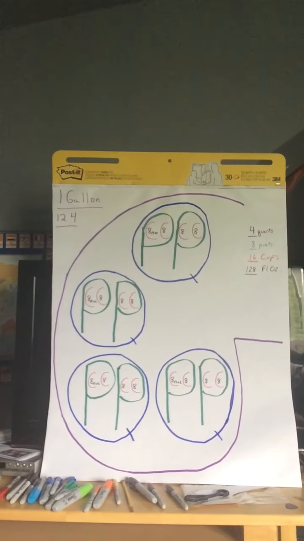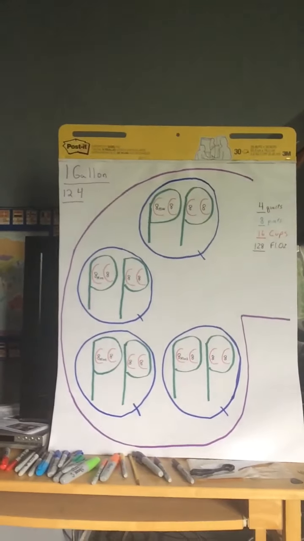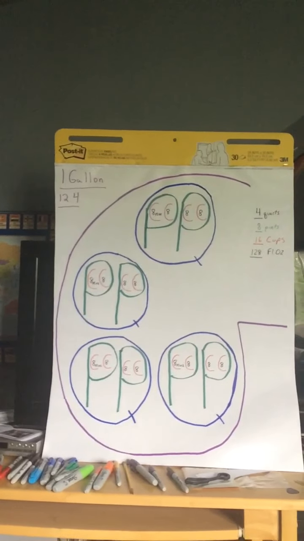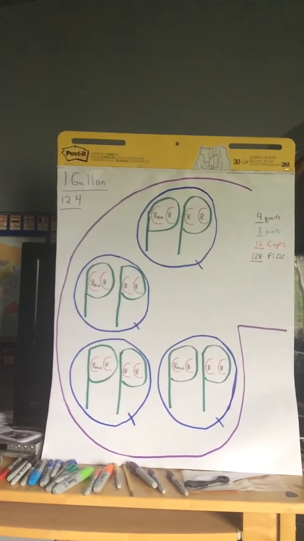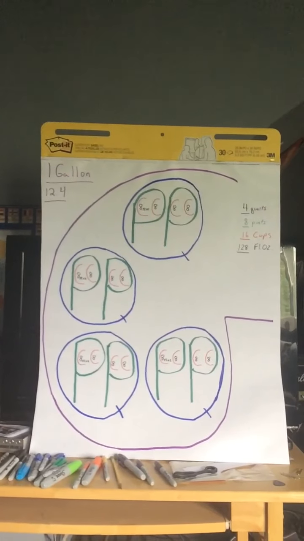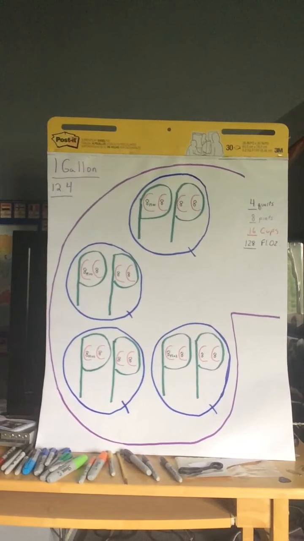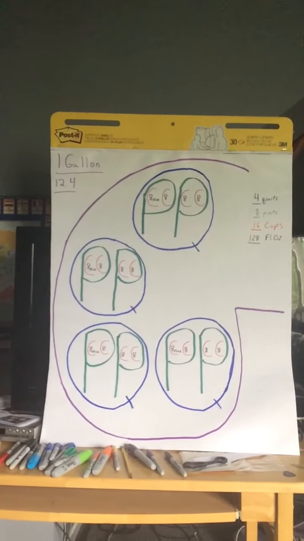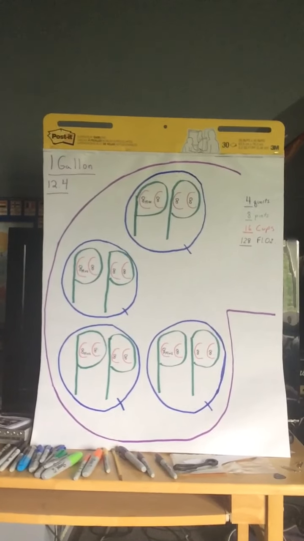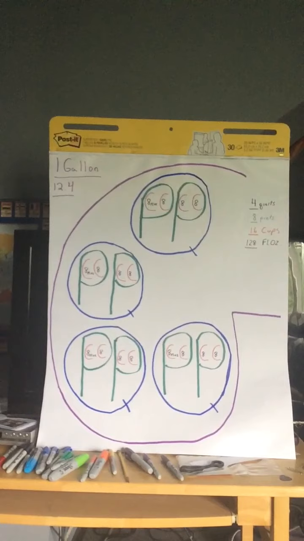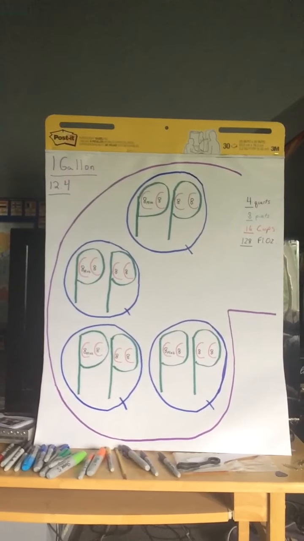And inside of each red C, I drew the number 8 because there are 8 fluid ounces in each cup. Do you remember last time we dealt with ounces when we were talking about weight and pounds? The difference here is these are what we call fluid ounces.